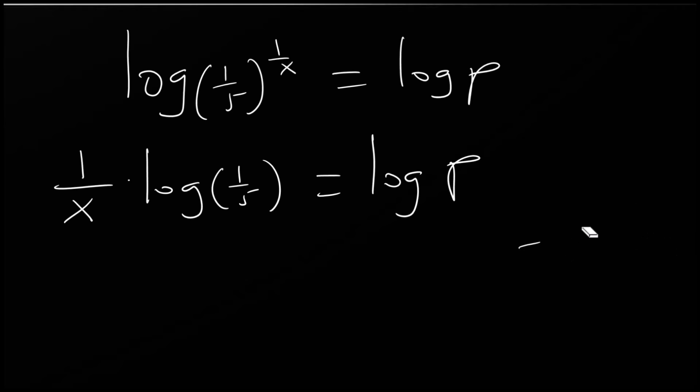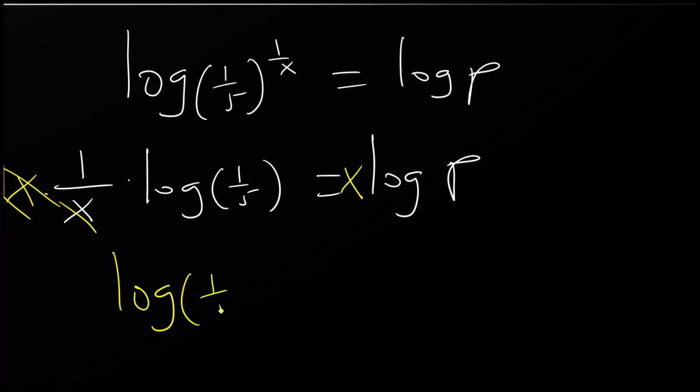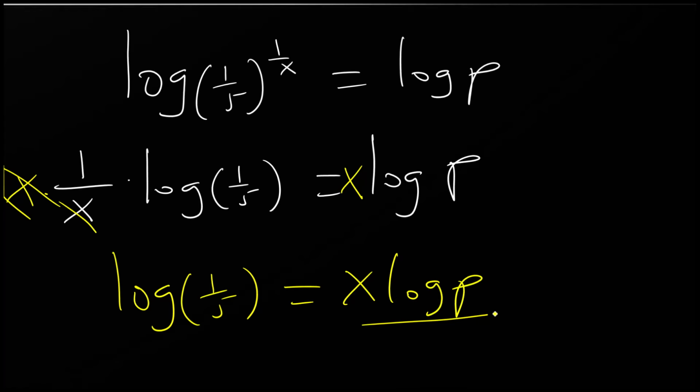Okay, so from here we can multiply both sides by x. So this side will cancel. So I believe it is log 5 equals x log p. Remember, we have the x, so we can divide both sides by log p.